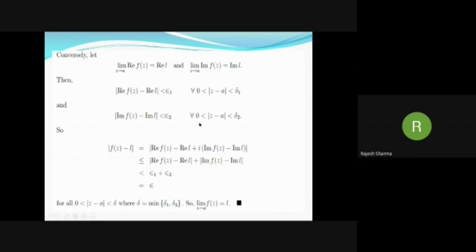And similarly, for 0 less than mod z minus a less than delta 2, we have the modulus of the imaginary part of f(z) minus the imaginary part of L less than epsilon 2. And say this sum equals epsilon. So this holds when 0 is strictly less than mod z minus a less than delta, where we choose delta to be the minimum of delta 1 and delta 2. So from this, by definition, we have limit z approaches a f(z) is equal to L.